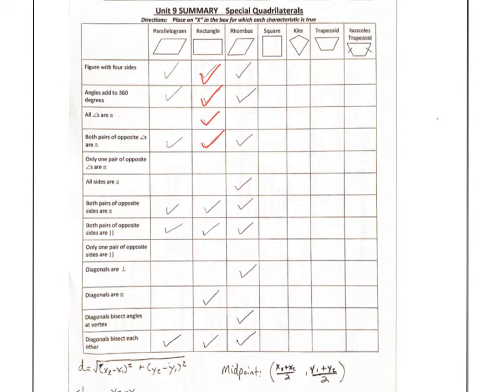Both pairs of opposite sides are congruent. Both pairs of opposite sides are parallel. Diagonals are congruent, and diagonals bisect each other. So the big thing with a rectangle is diagonals are congruent and their angles are equal to each other, which they're equal to 90.